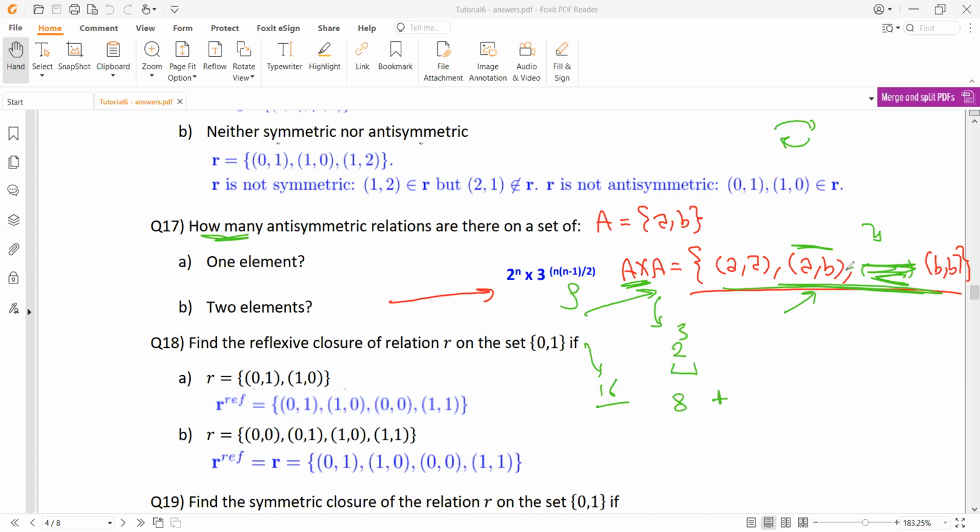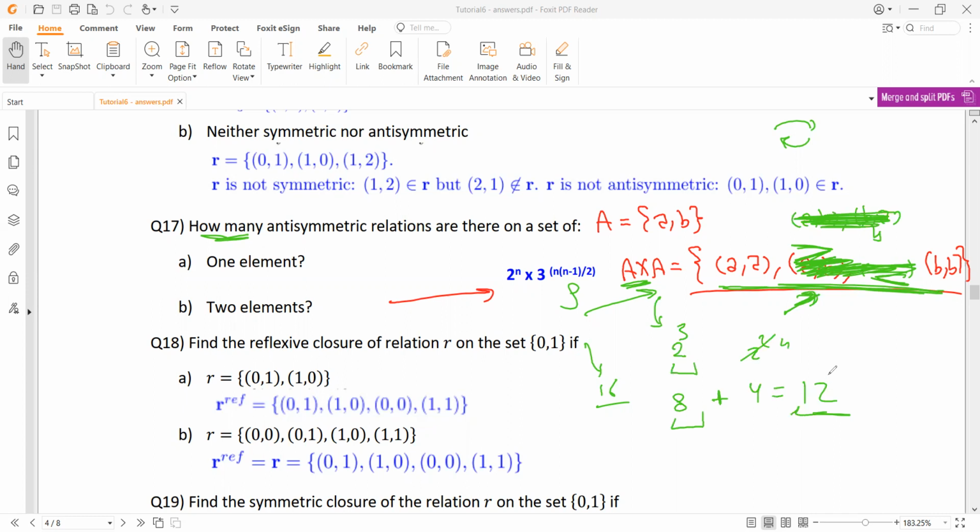And actually, if I remove the two tuples A, B and B, A, I still have an anti-symmetric relation. So added with how many possible relations can be generated from the set that contains the two tuples A, comma A and B, comma B, which is 2 to the power of 2, which is 4. So the overall is 12.